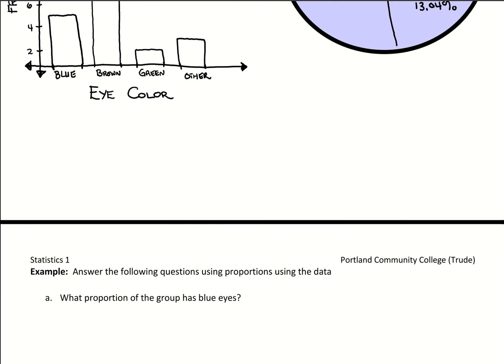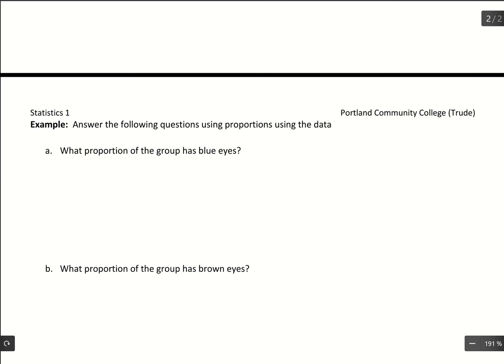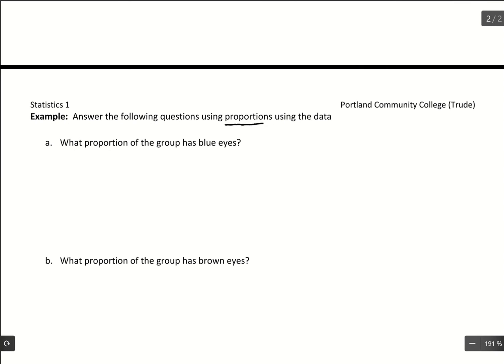Let's talk about what we can calculate from our categorical variables. And this is where we talk about proportions. We can talk about a proportion of the group fitting a certain category. And as a reminder of our notation for proportions, you want to use P with the little hat, and that's when it's a sample proportion.